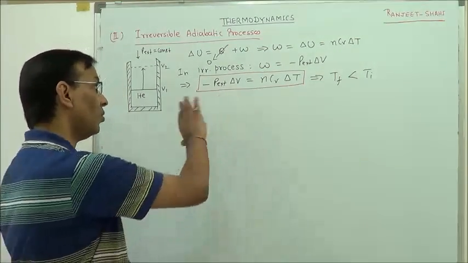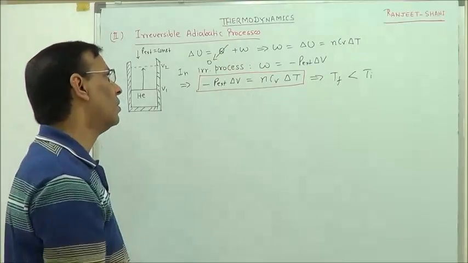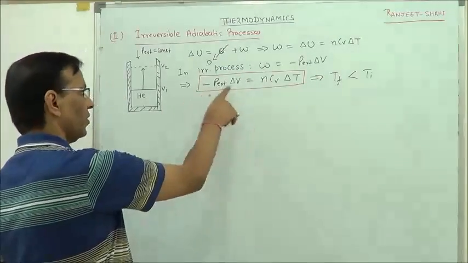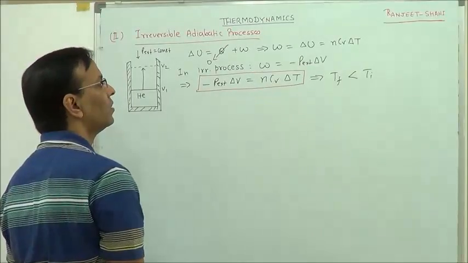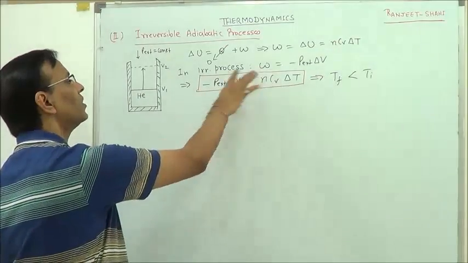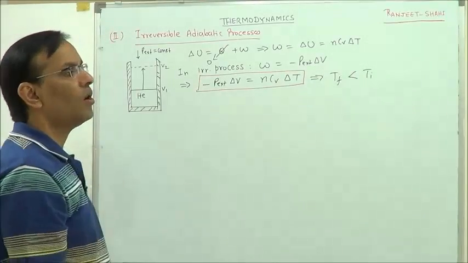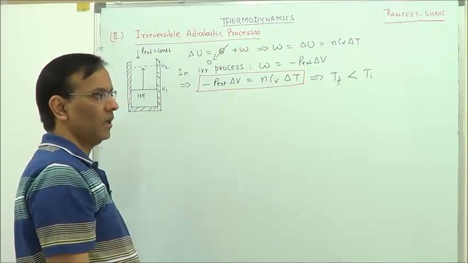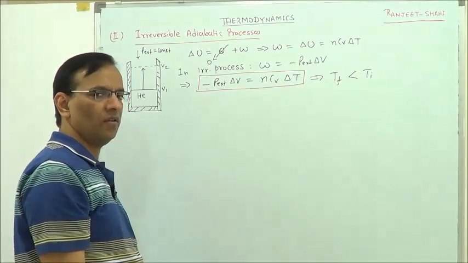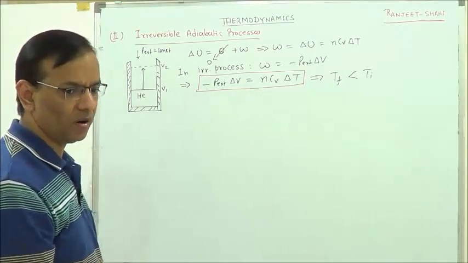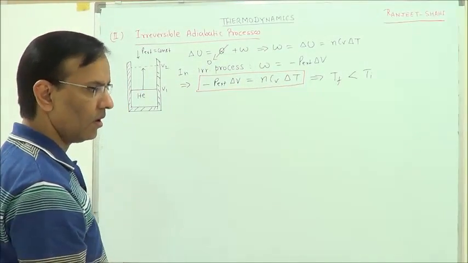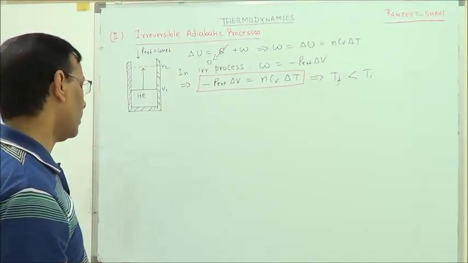Now we don't have dU is equal to dW. It's a one-step process. So the relationship will be derived from this expression only for the final temperature. How is it done? Let us try a simple straight question on irreversible adiabatic process.